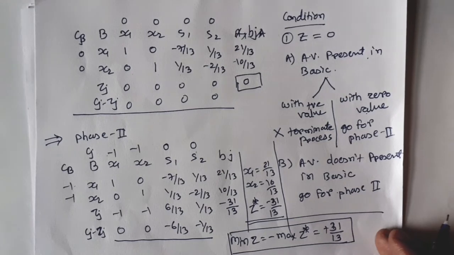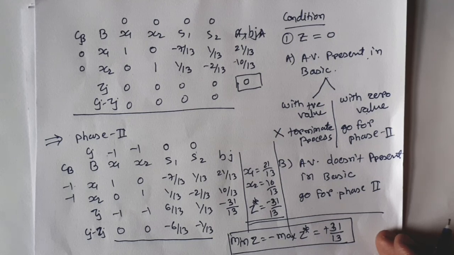Let's summarize what we have done here. First we started with conversion into the standard form, and we went for two phases. In phase 1 we took only artificial variables, so it is also called the auxiliary function, and then we got the optimality condition for phase 1.